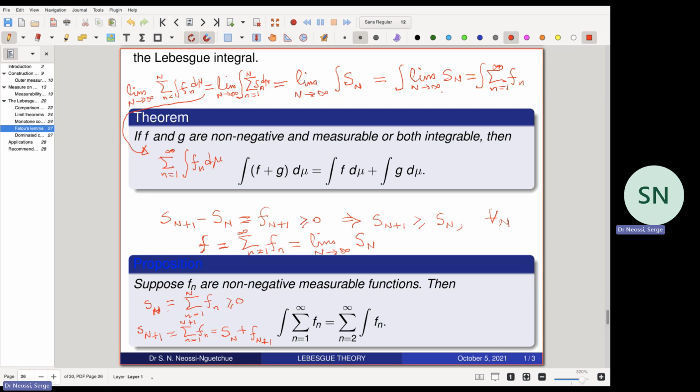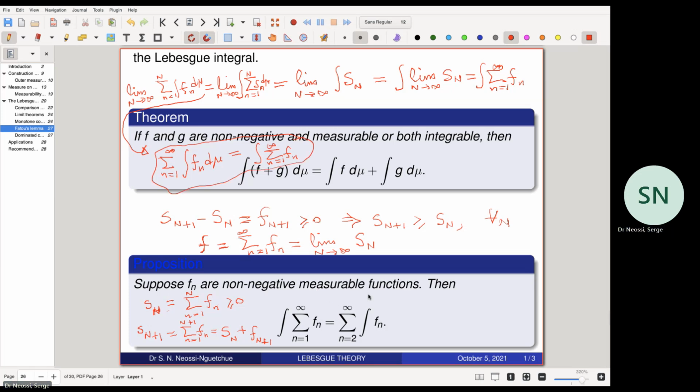As we said, this one is equal to the final one there, the integral of the infinite sum where n runs from 1 to infinity. So we end up with the result of this proposition.